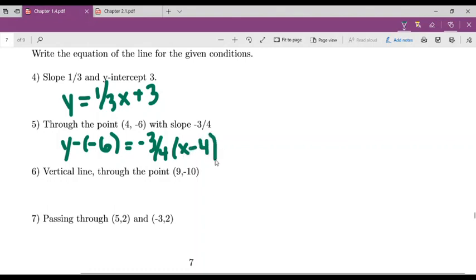You should go through and simplify here and say, okay, that's the same thing as y plus 6, which equals the same thing on the left hand side, -3/4, x minus 4, and you've got the point slope formula here.